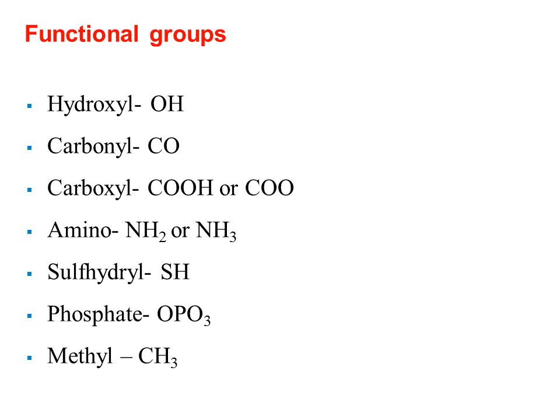Then we will talk about the amino group, which is NH2 or NH3. Then we will talk about the sulfhydryl group, sulfur with a hydrogen. Then we will look at a phosphate group, oxygen, a phosphorus, and 3 oxygens. And then we will finally conclude with the methyl group, CH3.